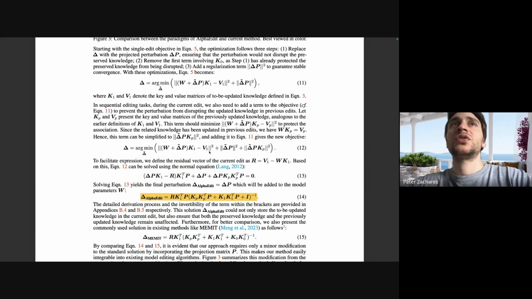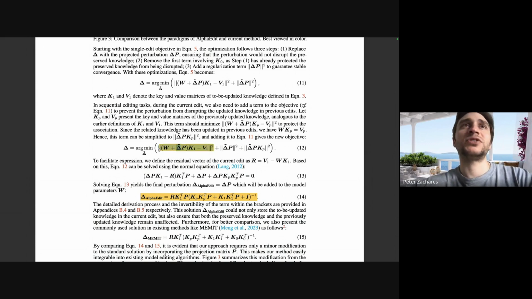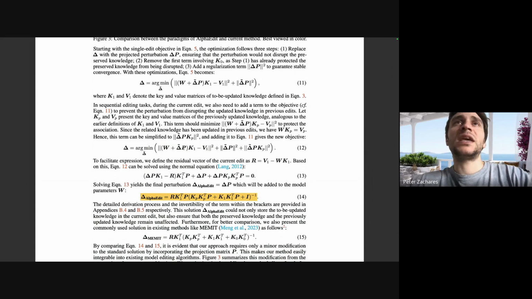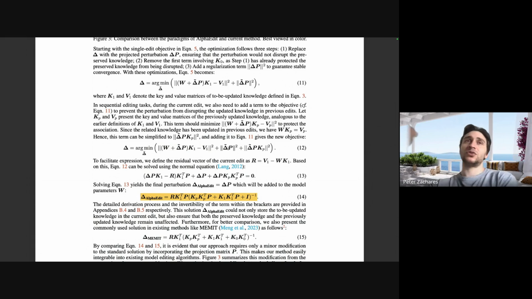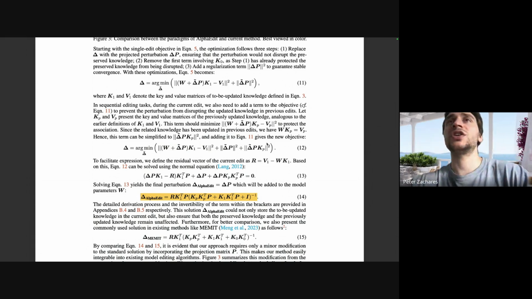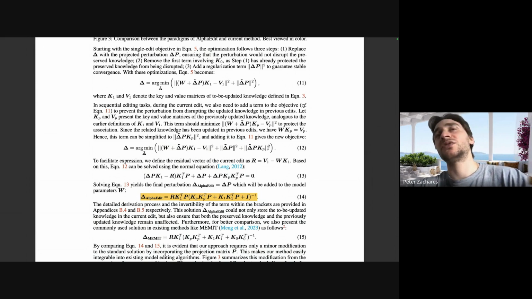This is the original objective, but it has this P in it where you're projecting the perturbation. This part of the training objective makes sure you're staying near the original information, preserving it. And this part of the objective with KP is where you're trying to preserve the additional information that you've added already.